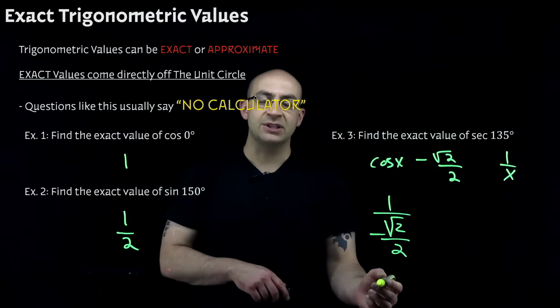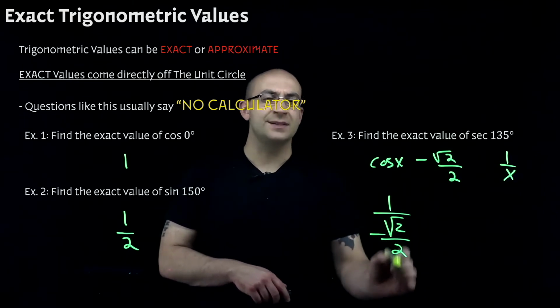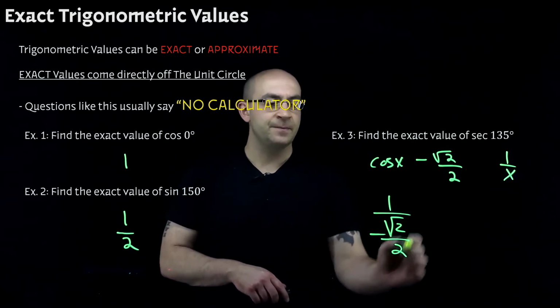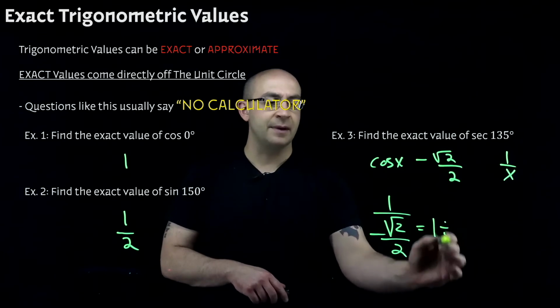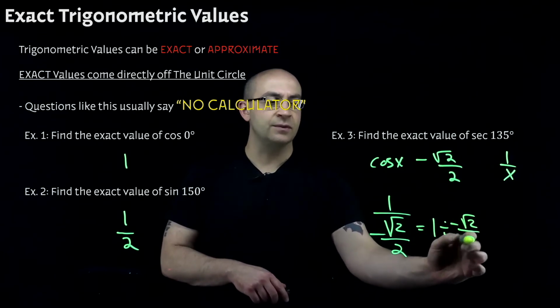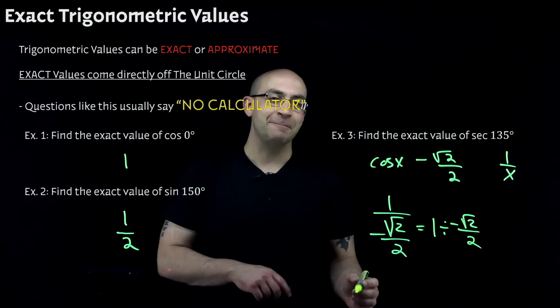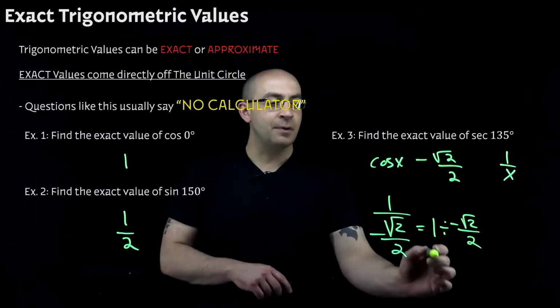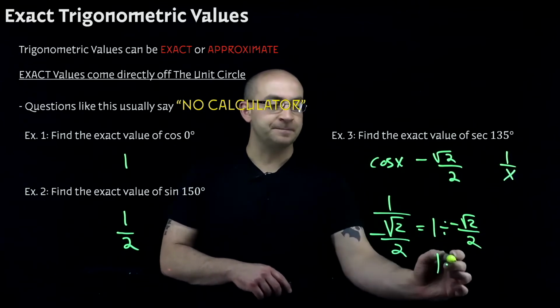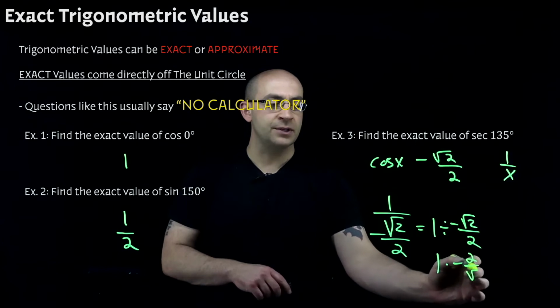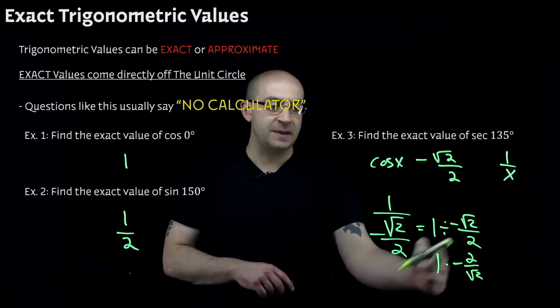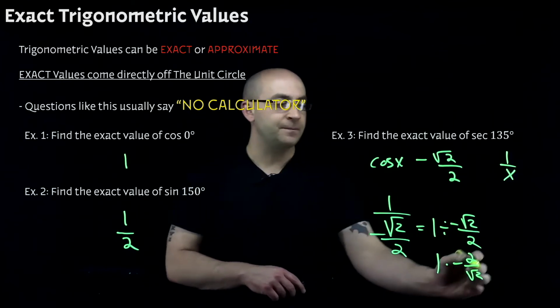We multiply by the reciprocal. So let's write it out sideways to make it flow a little bit nicer for us. This is all going to be 1 divided by negative root 2 over 2. I like this marker a lot. It's smooth. But we're going to multiply by the reciprocal, negative 2 over root 2. Well, 1 times that just becomes negative 2 over root 2.